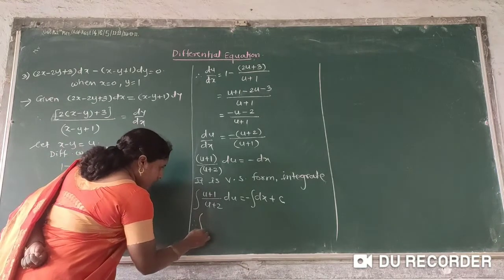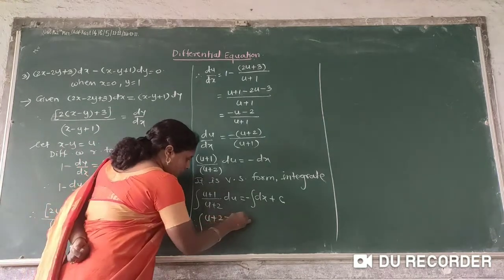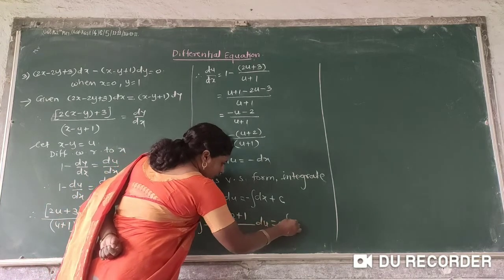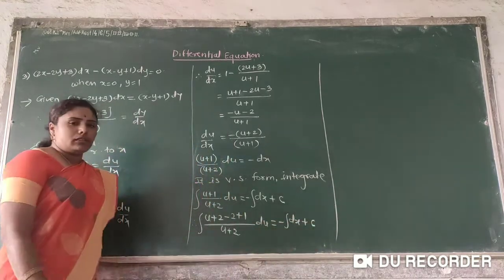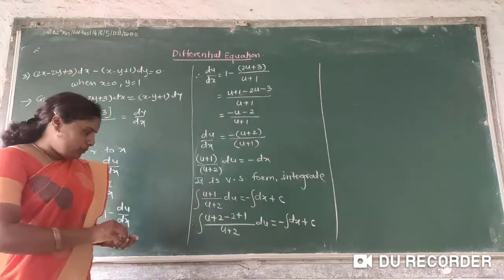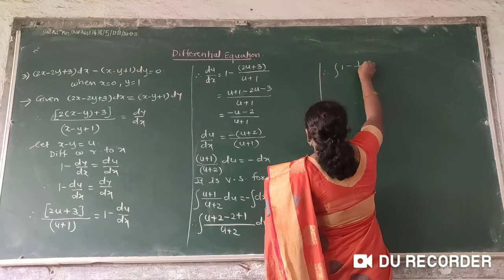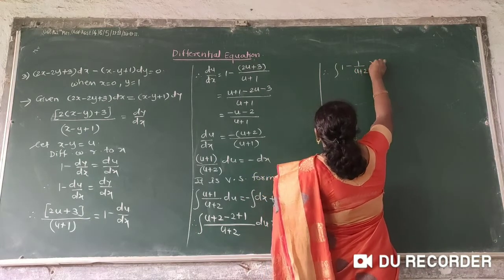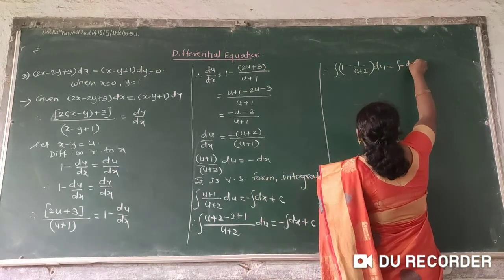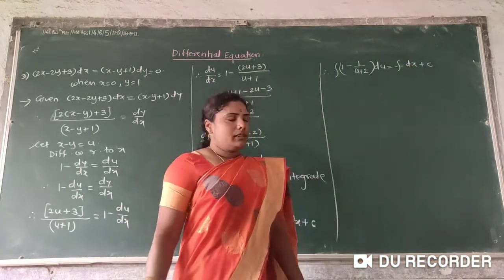We get, take as u plus 2, add 2 minus 2, plus 1 upon u plus 2 du is equal to minus dx plus integration constant c. Here minus 2 plus 1 is minus 1 and dividing by u plus 2 separately, we get integration of 1 minus 1 upon u plus 2 du is equal to integration of minus dx, minus outside the integration, dx plus c.